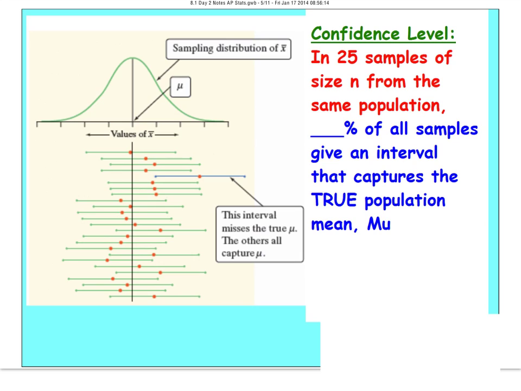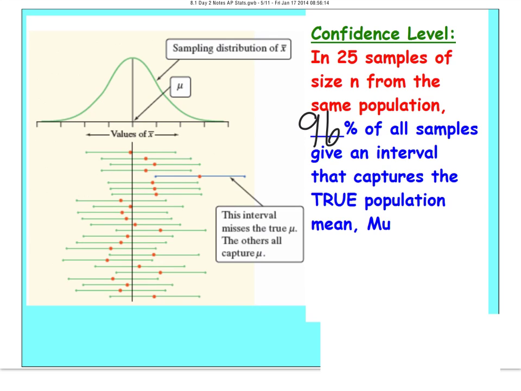So if you take a look at this one, this is 25 confidence intervals. In this case, of the 25, one of them does not capture the true population mean. Fine, let's take these results and times it by 4. If we times this by 4, then this would come up to be about a 96% confidence level. Because out of 100, it would look like 4 of them would be missed.